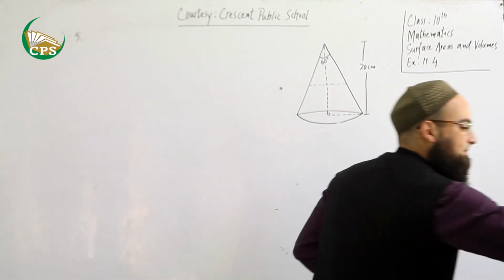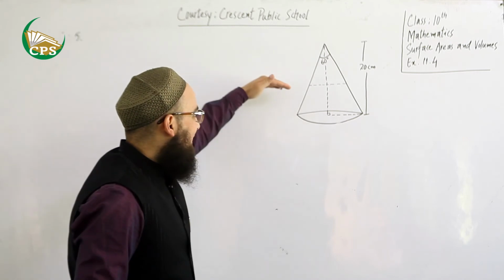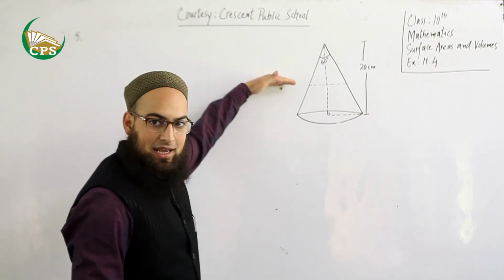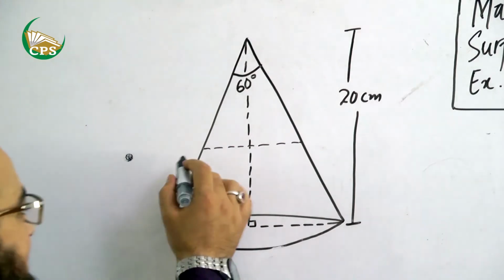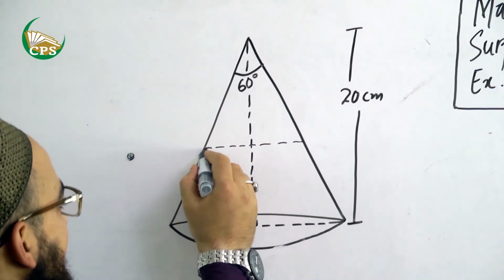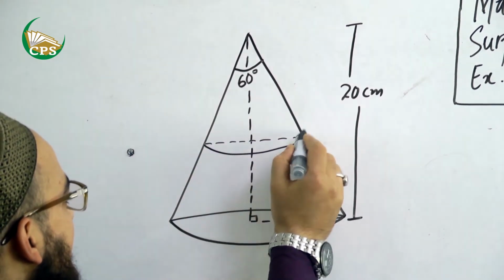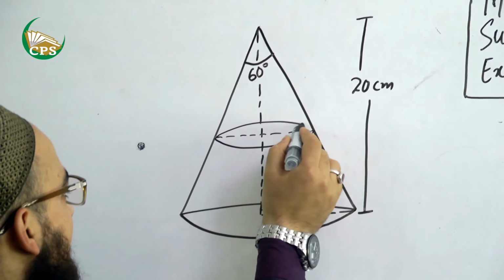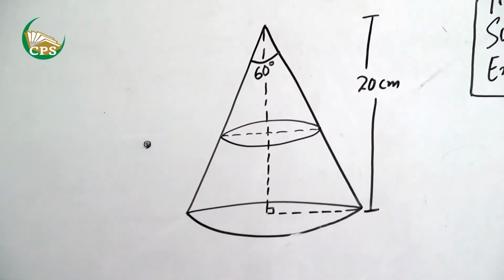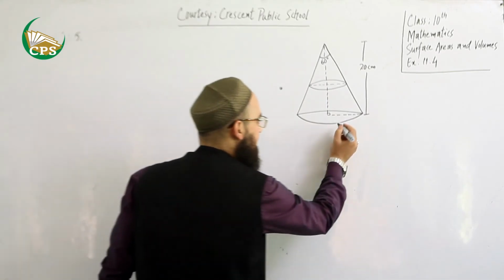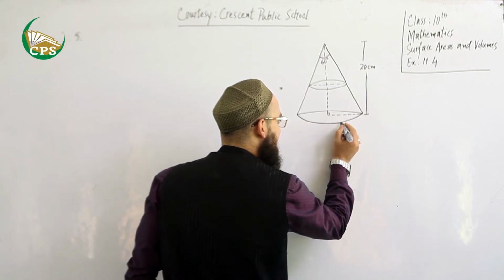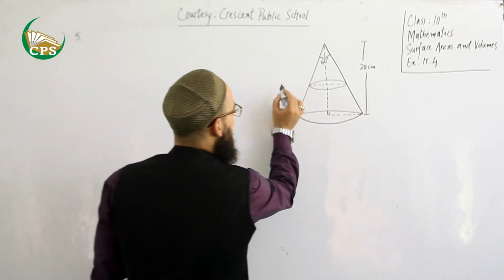Similarly here, the cut is being made in the middle, just like here, and a frustum is obtained.